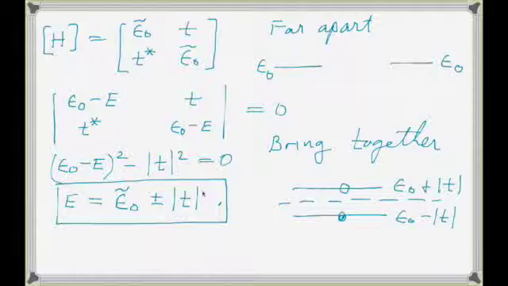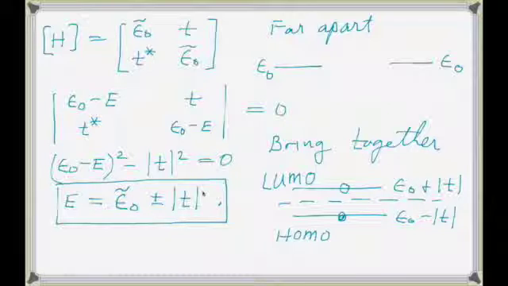And now, if you think of a molecule, I have my HOMO level and my LUMO level. I don't know if you know anything about molecules. This would become your HOMO. Anyone know what that stands for? HOMO is the highest occupied molecular orbital. And so this would be, we've brought two atoms together. We've made a chemical bond.